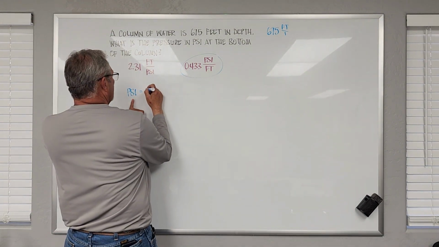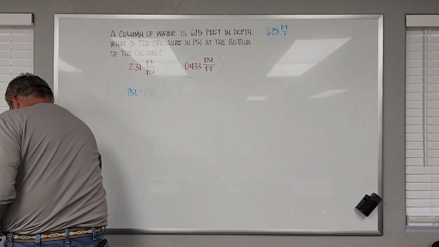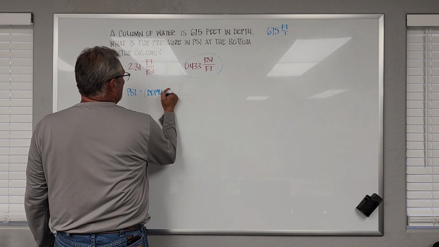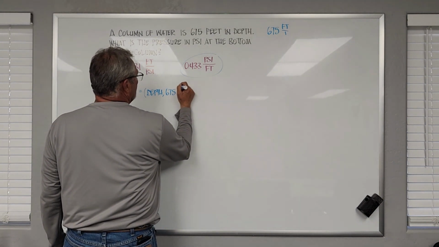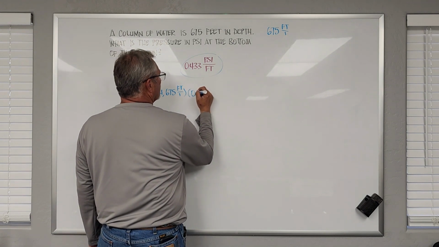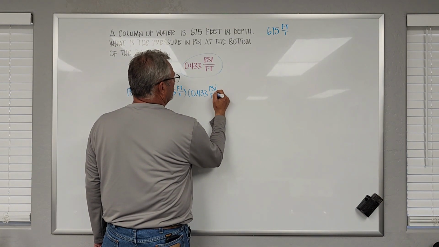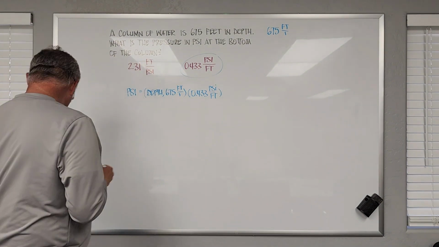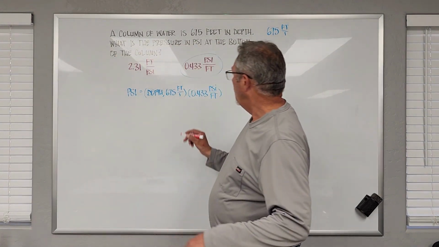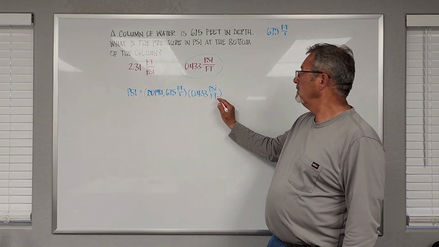So I know I've got the depth, and let me just write it correctly here. The depth is 675 feet over 1. I'm going to multiply it by my conversion factor, 0.433 PSI over foot, right? That's going to allow me to cross cancel. I have feet over the division line here, and I have feet under the division line here.